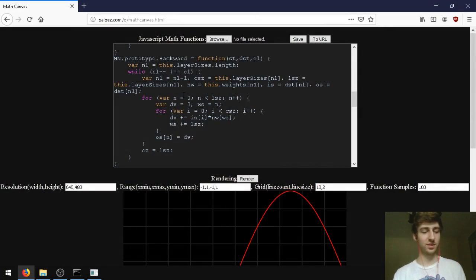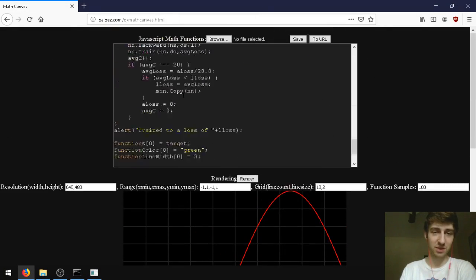This is why you don't program things in a web browser that can crash all the time. All right, so now we're back like 30 minutes ago.